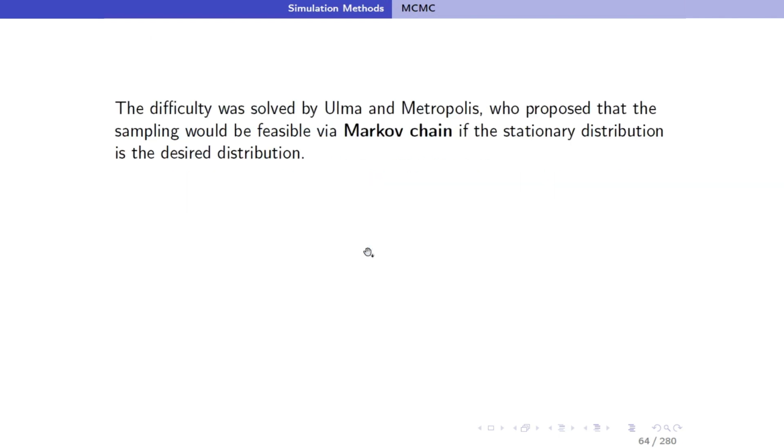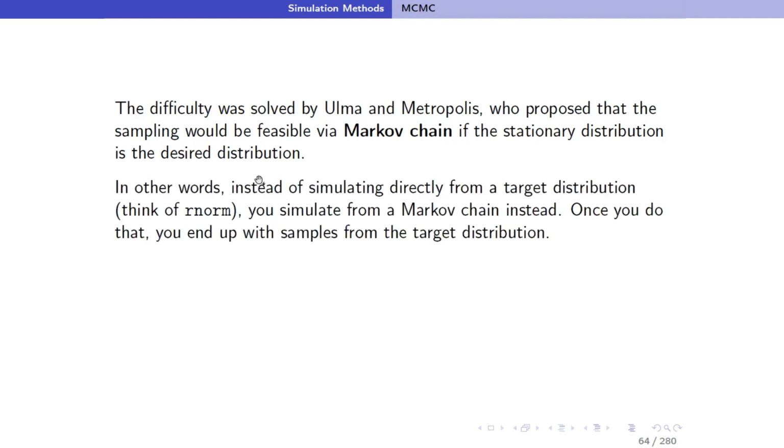This was the first difficulty of this problem: you have a target distribution, but you don't know how to sample from it. This problem was solved by Ulam and Metropolis, who essentially said that to sample from any target distribution, you just need to construct a Markov chain that has the desired distribution as its stationary distribution. Instead of generating directly from a target distribution, like the normal random number generator function, rnorm in R, you can simulate from a Markov chain instead.